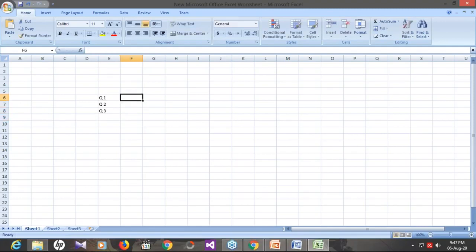Question 1 has total 50 marks, question 2 has 25 marks, question 3 has 25 marks. If you get 50% out of 50, you get 25. For 25 you get, for example, 13.